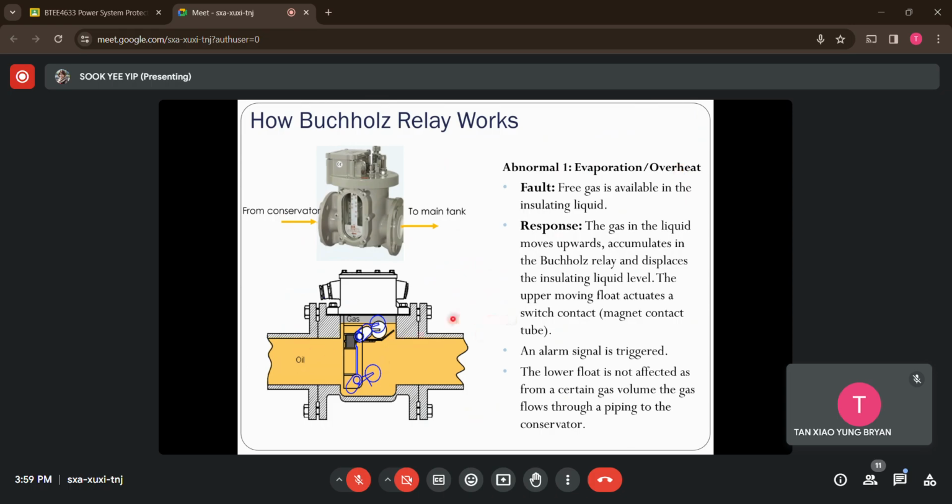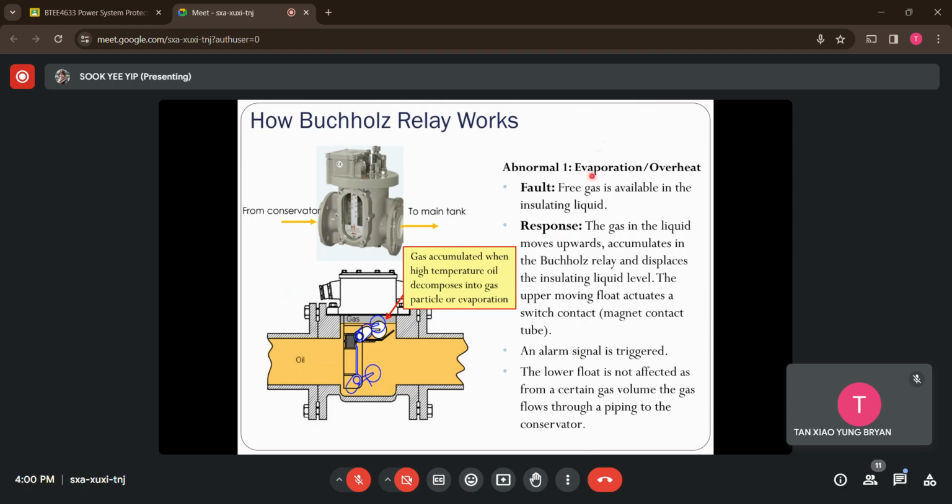Remember? This decomposed gas accumulates within the Buchholz relay at these areas. With the accumulated gas here, it will cause the upper float to move down, and hence it will turn on the upper switch.